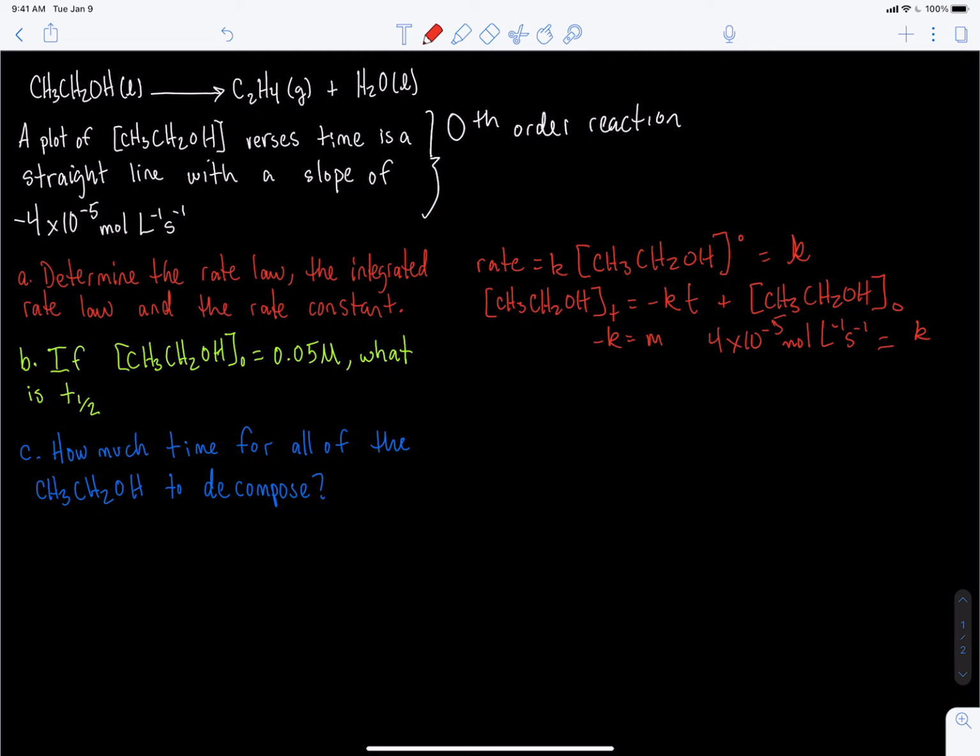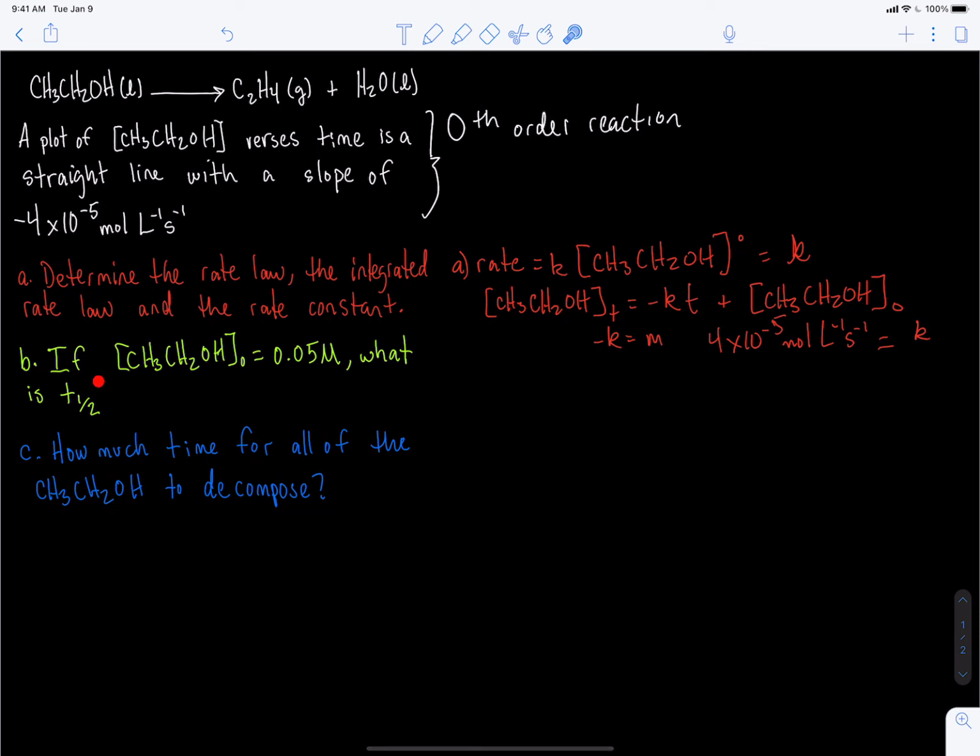But that takes care of part A. So now we know the differential rate law is just the rate is equal to k. And then we know that the integrated rate law is this 0th order description of what the rate law should be. And then we also calculated the numerical value for k by recognizing that whatever the slope is of this line, we should just take the negative of that, and that gave us our value of k.